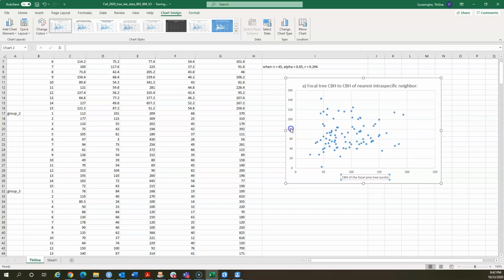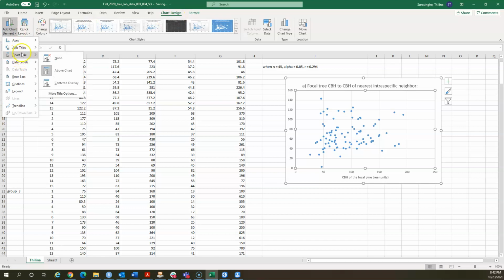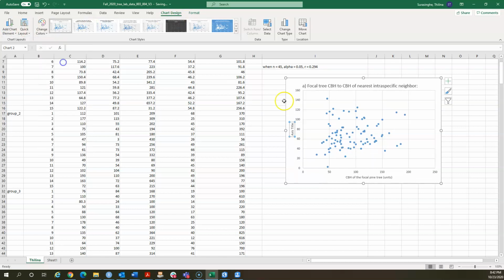And then again go to the y-axis. Select the plot, chart design, add chart element, axis titles, and what is this going to be? This is going to be CBH. Again, I won't type it out. Circumference at breast height of the intraspecific CBH.